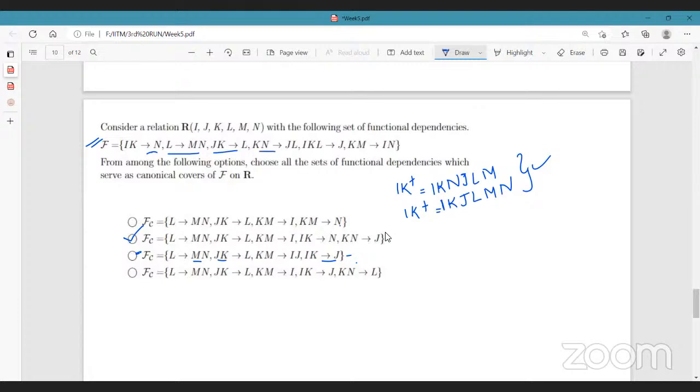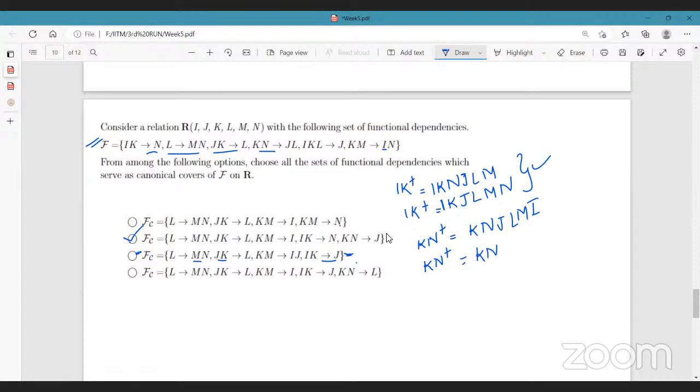Now let us check the KN closure. KN closure will give us KNJL, then L will give us M, N is already present. KM will give us IN, N is already present, we get I. Now let us check the KN closure in this particular set. We get KN.